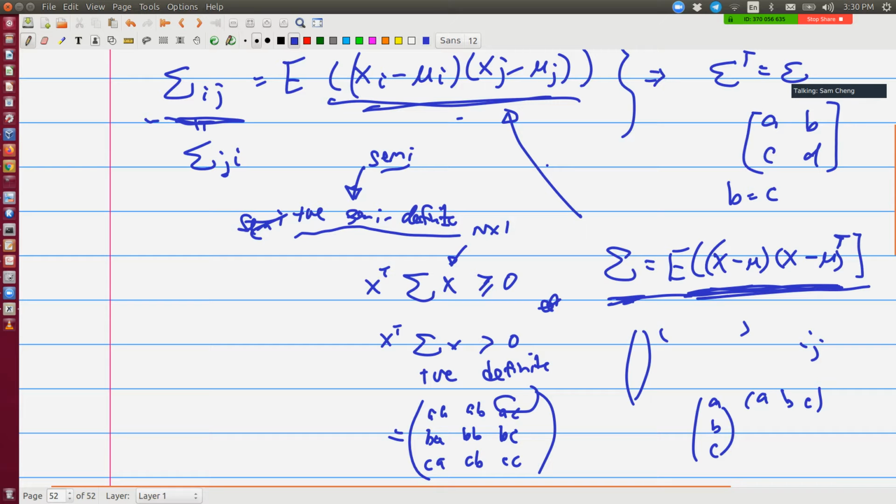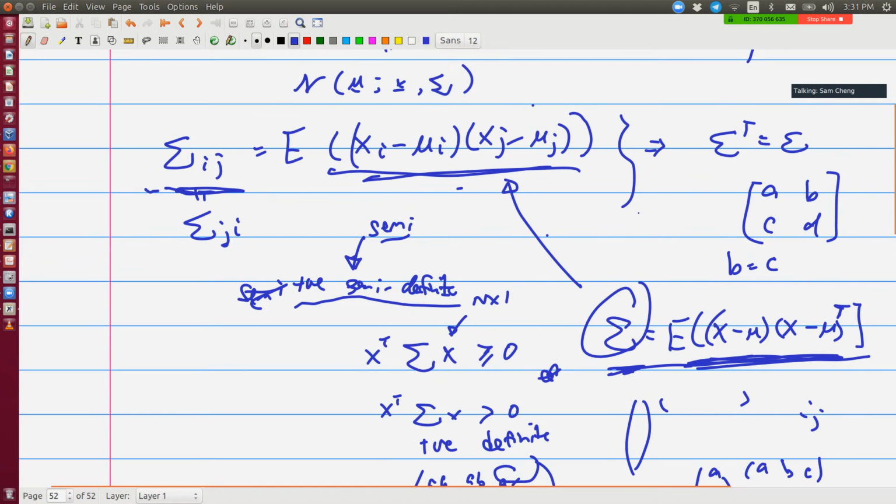This is both symmetric and semi-definite. From the definition I know that it's symmetric, and when I write it like this it's more obvious that it's symmetric.